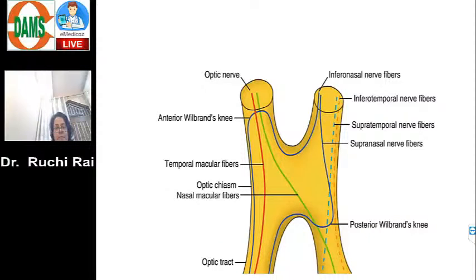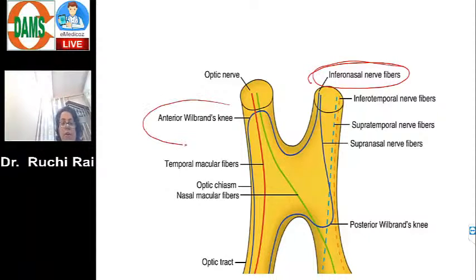Before crossing, the inferonasal fibers of the other side detour a little towards the optic nerve, and this is what you call anterior Wilbrand's knee. Can we remember this? Inferonasal fibers first go to the opposite side, saying hello to the opposite optic nerve, and then cross the chiasma.